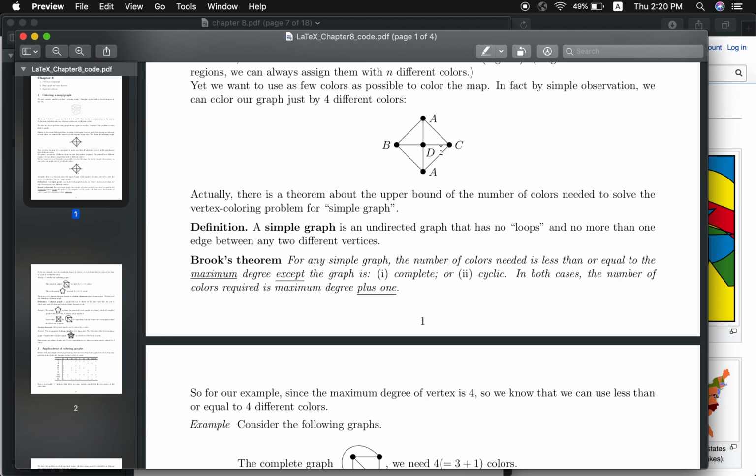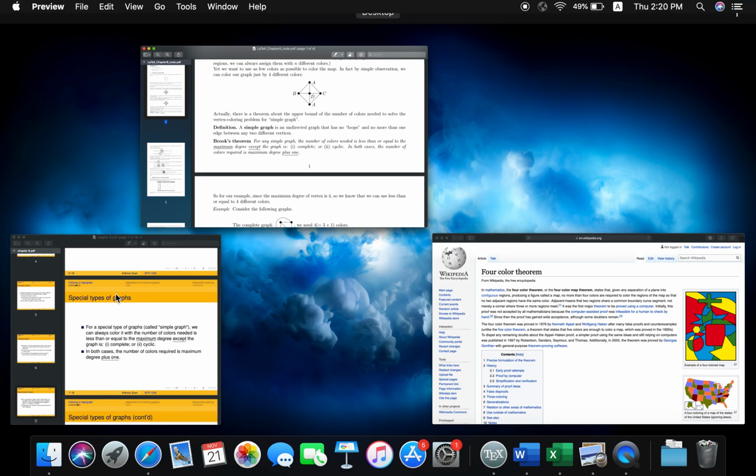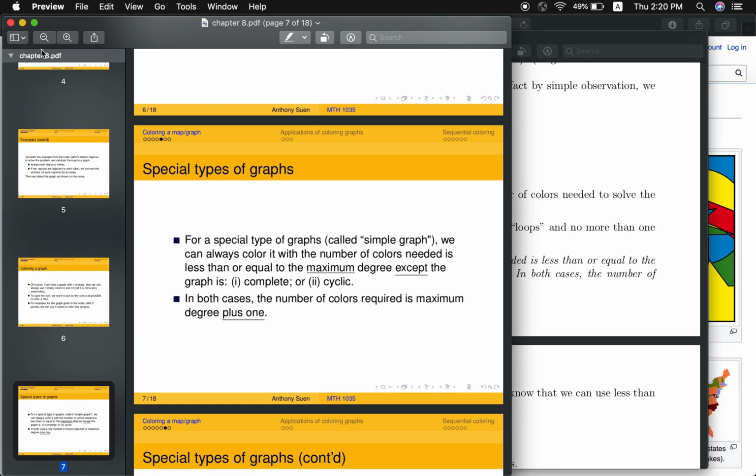That is the very simple meaning of a simple graph. If you have a simple graph like that, then you can easily color it according to the degrees. You just look at the degree of the vertices, and the maximum degree tells you the number of colors.